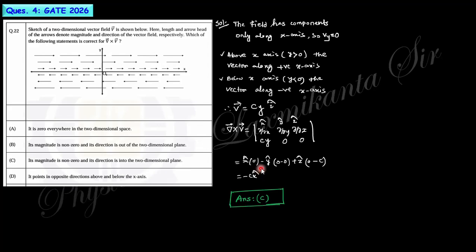So the curl is along the negative z axis. Its magnitude is non-zero and its direction is into the two-dimensional plane, because of minus k cap. If this were plus k cap, it would be outward, out of this plane, but here it is minus, so it is into. So option C is the correct answer of this question.